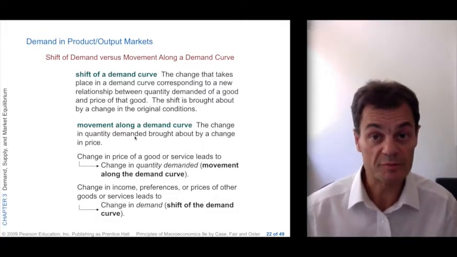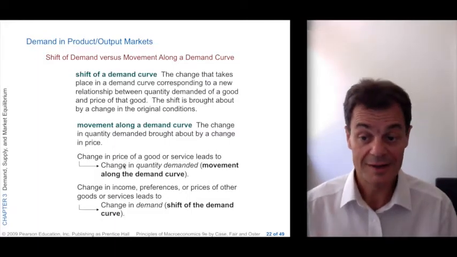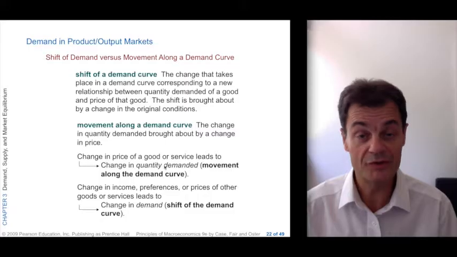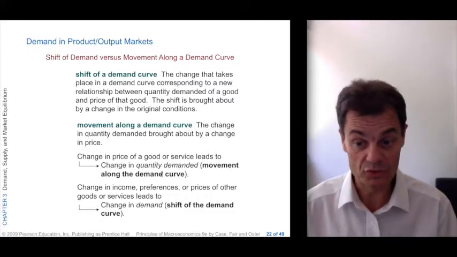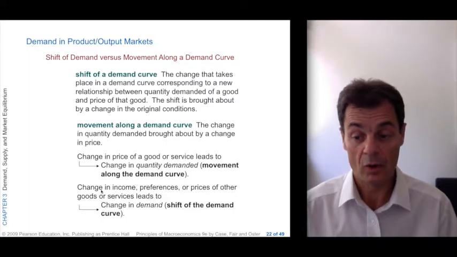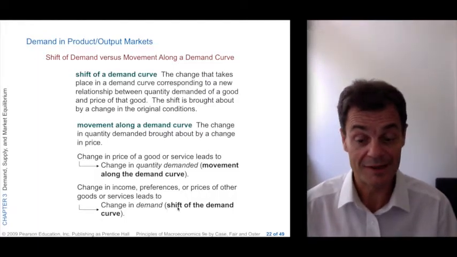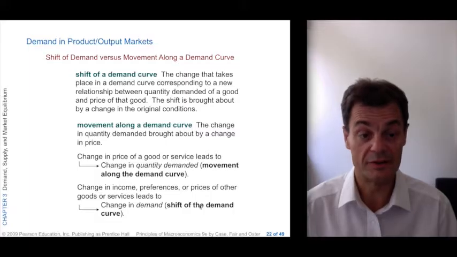Another way of expressing that is to say that the change in price of a good or service leads to a change in the quantity demanded, and that's a movement along the demand curve. Or a change in income, preferences, or prices of other goods and services leads to a change in the demand, and that's a shift of the demand curve.